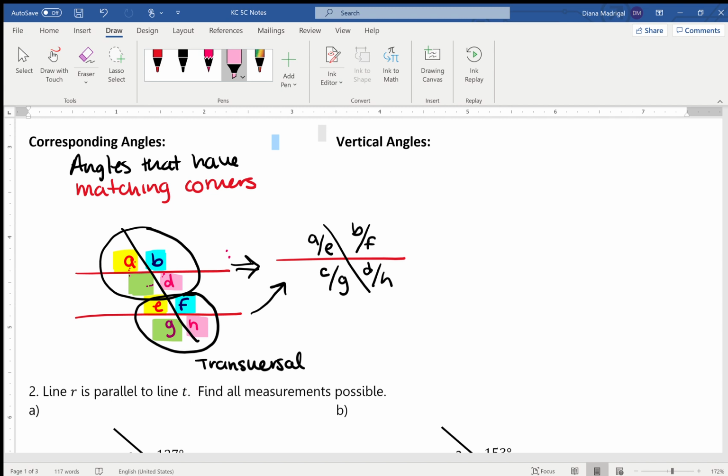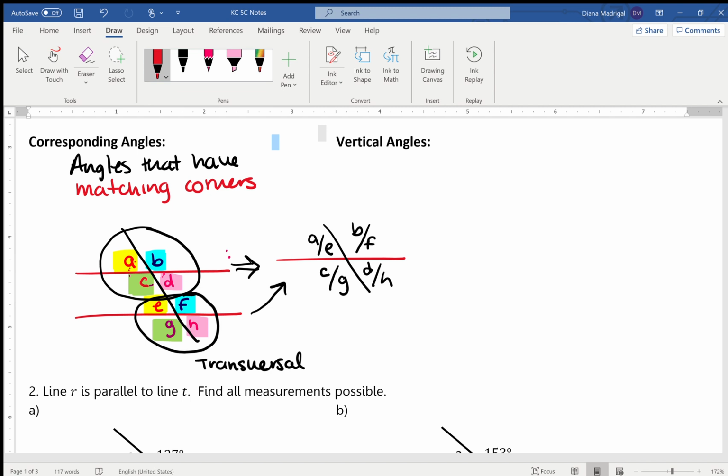Same thing, okay? So corresponding angles are the matching corners, okay? And basically, I colored it for you already, okay? A is matching corners with E. B is matching corners with F. D is matching corners with H. And C, letter C was supposed to be here, is matching corners with G.